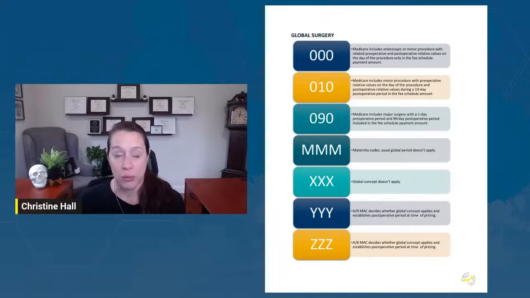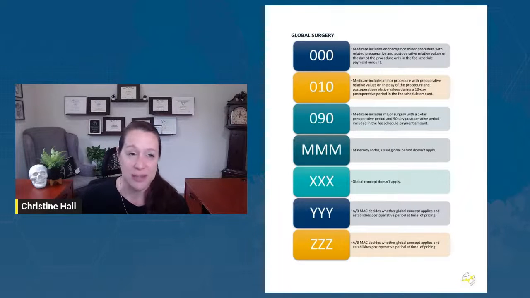It is a surgical procedure, but the global period only extends to today. So whatever happened today is all included in that global surgery component. So we're talking about all the preoperative work, all the postoperative work, all of that is included in the payment. And I'm going to show you that breakdown in just a minute.